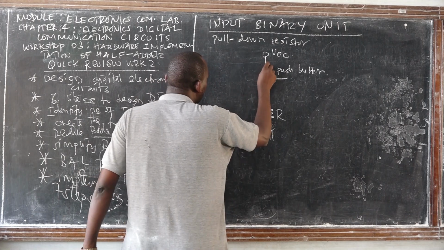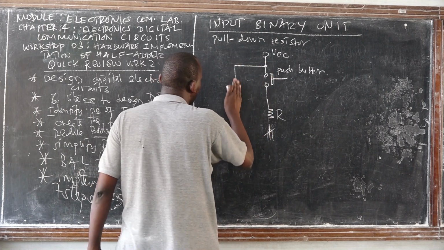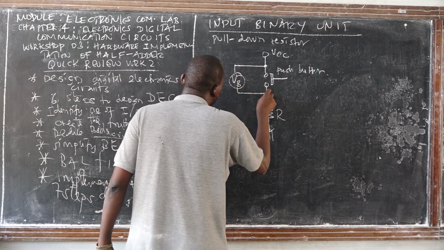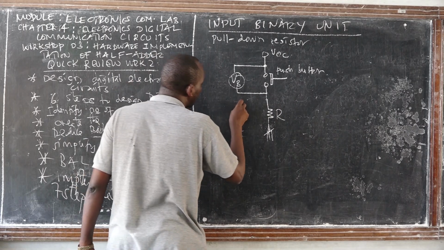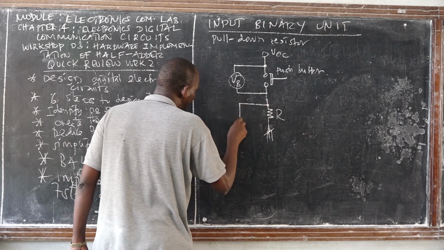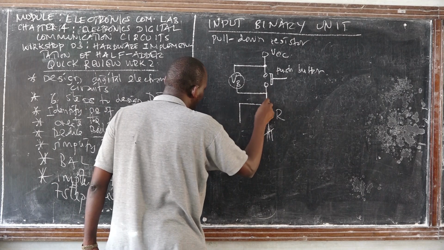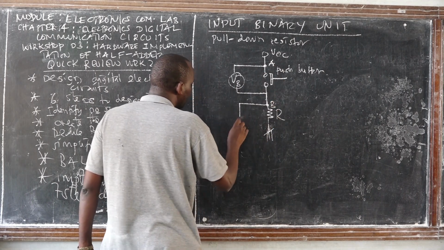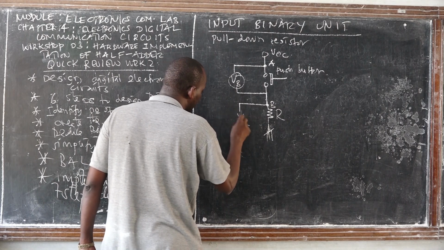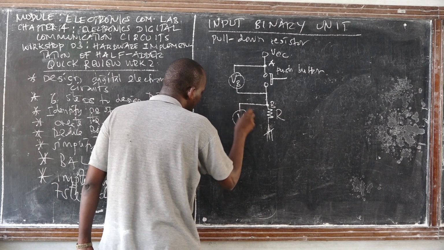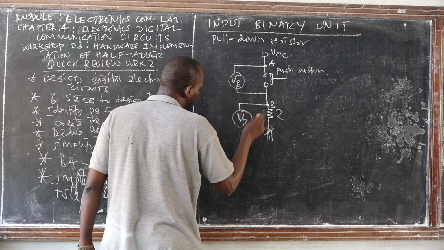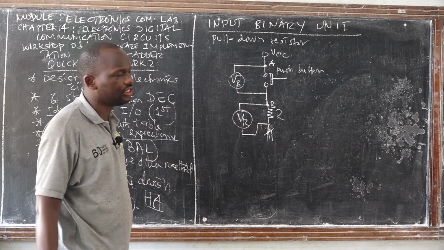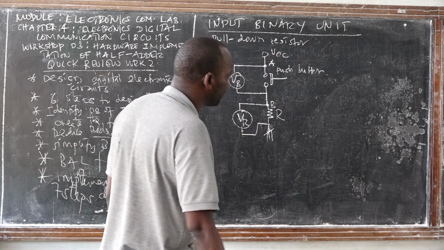We have two very important testing points, A and B. One gives the voltage across the push button, and the other gives the voltage across the resistor. So this is the voltmeter, which we connect across the resistor. So this is the pull-down resistor network.